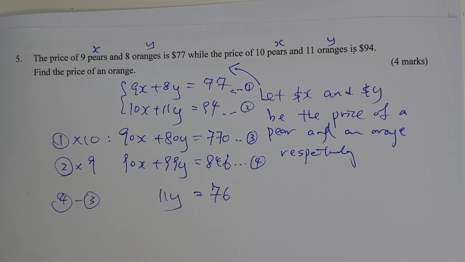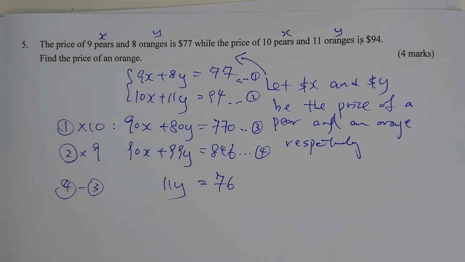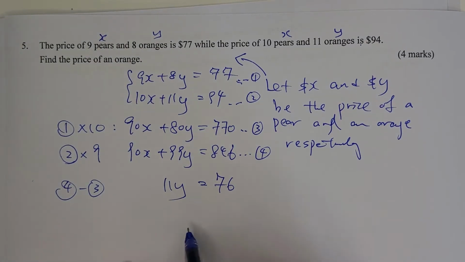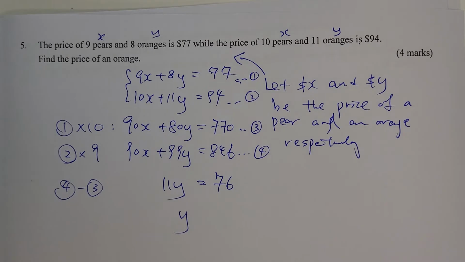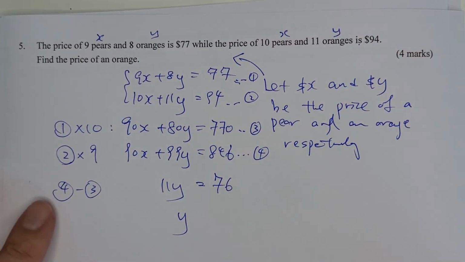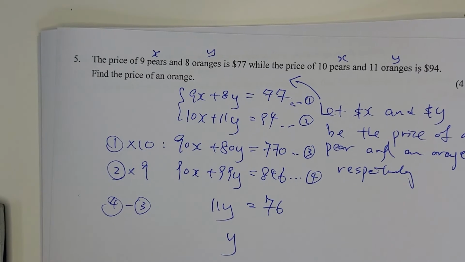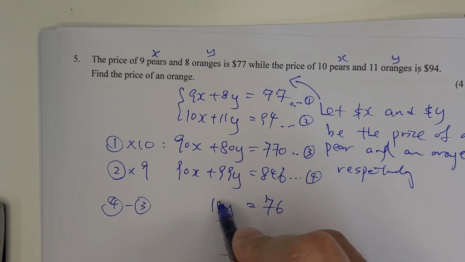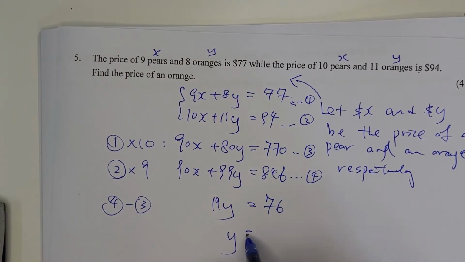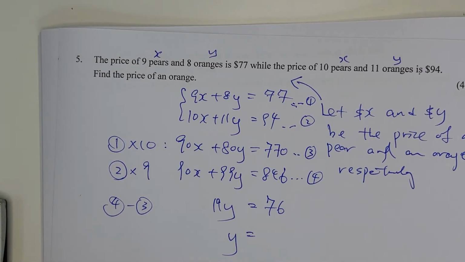76. And hence, you will find the value of y, oh, sorry, I made a mistake here, 99 minus 80, it should be 19, sorry, not 11. So 76 divided by 19, that would be 4, okay?